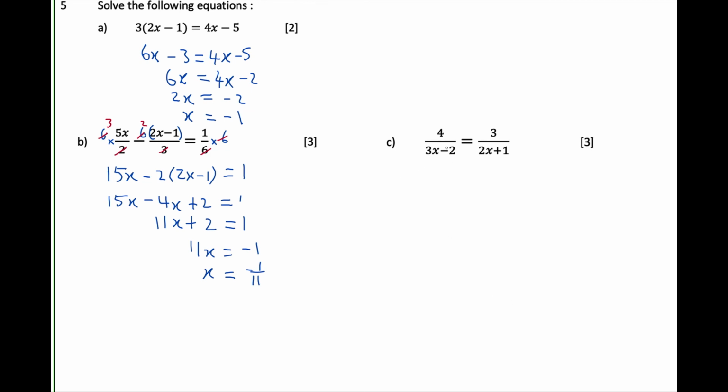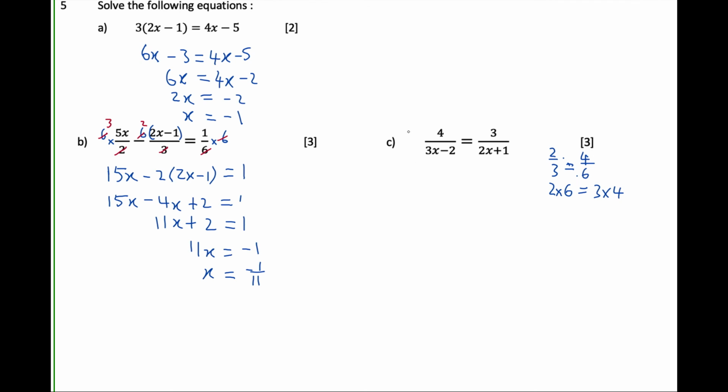Finally, we have a single fraction on each side. This is similar to a set of equivalent fractions. So in this fraction, when we multiply diagonally, we find that the product of one diagonal will be equal to the product of the other diagonal. 12 equals 12.